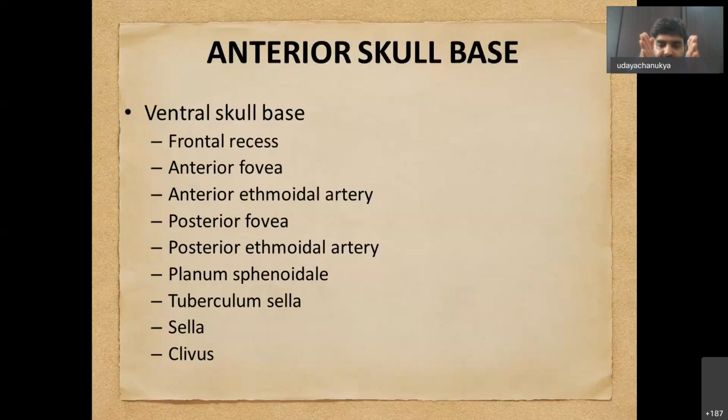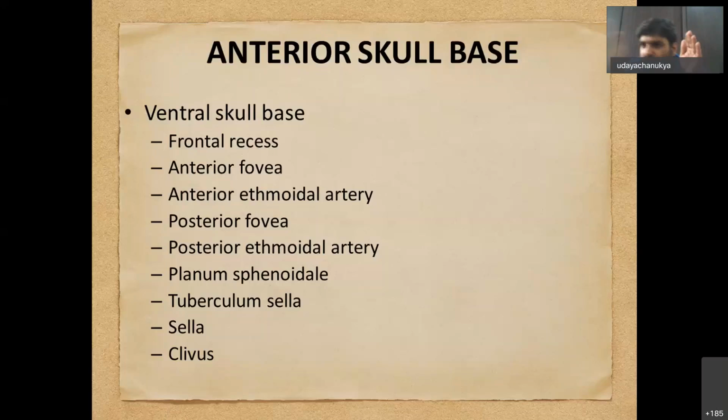The place between the anterior ethmoid artery and the posterior ethmoid artery is the posterior fovea. Easy to remember: anterior to the anterior ethmoid artery is the anterior fovea; anterior to the posterior ethmoid artery is the posterior fovea.